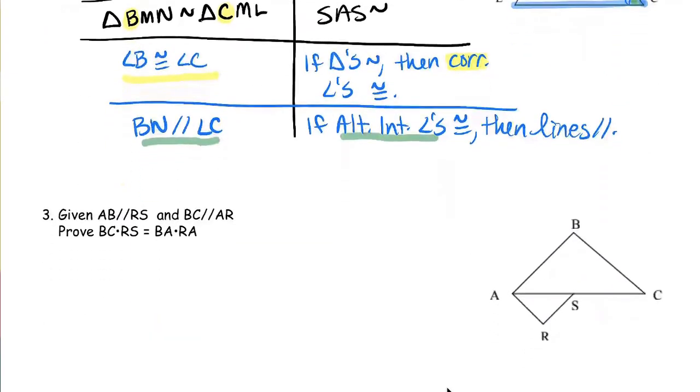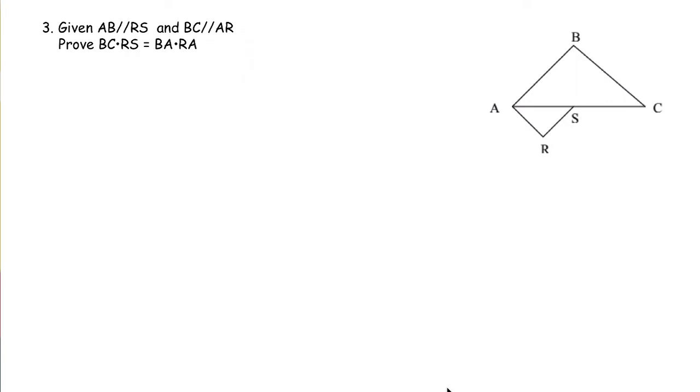All right, last one. On this one, our goal is to end with a product of side pieces, or corresponding sides, sorry. We have a cross product is what this is. Our last reason is going to be the cross product property, because I can tell that they're multiplying sides, and the only way to have that happen is after you have a proportion when you cross multiply.